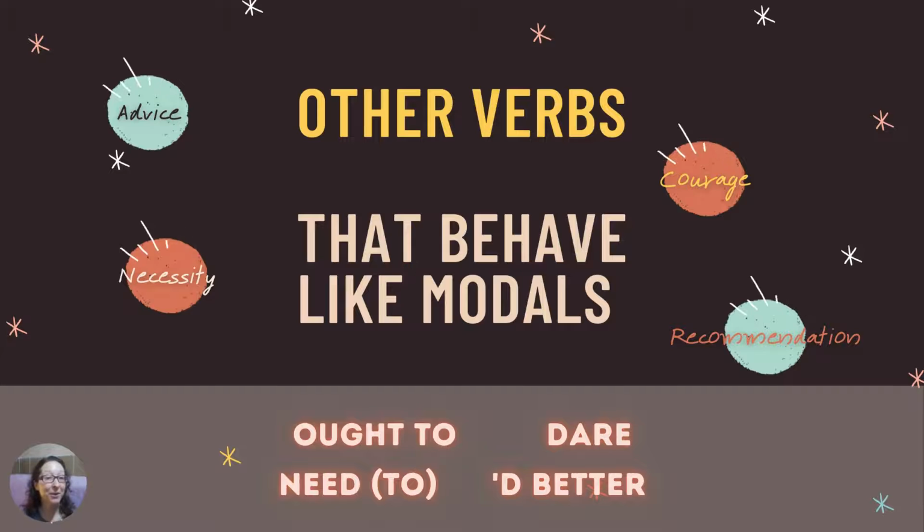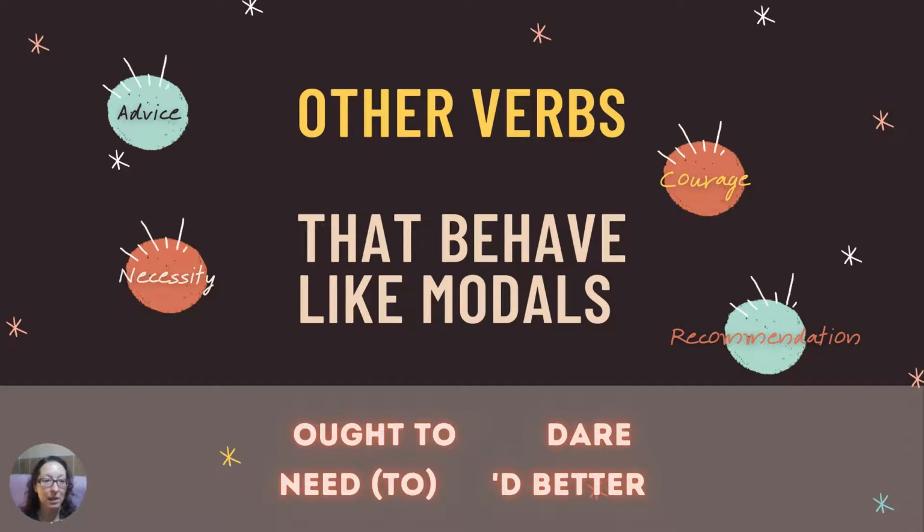There are some other verbs that behave sometimes like the modals, but they are not always used as modal verbs. They can be used in different environments. For example, ought to. It's similar to have to, but it means should. You ought to bring your jacket. It's cold outside. You should bring your jacket.